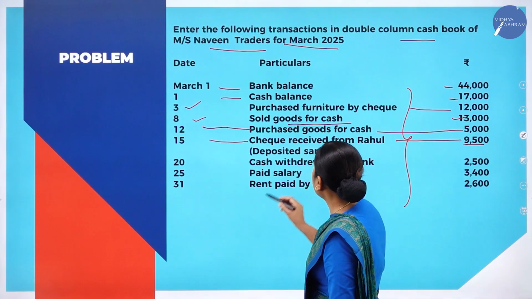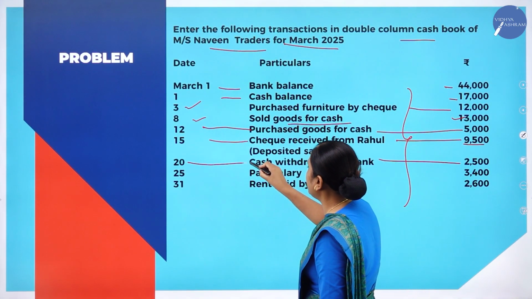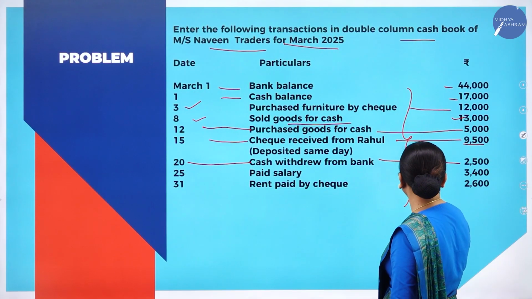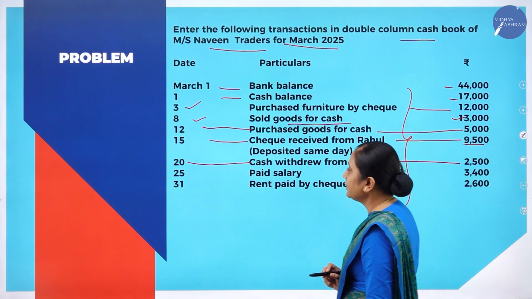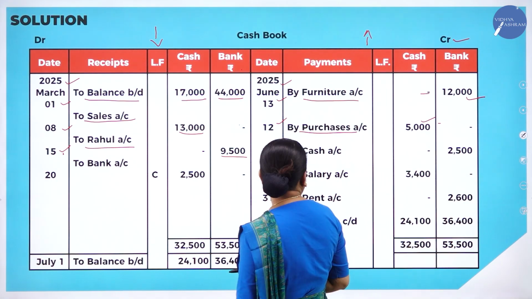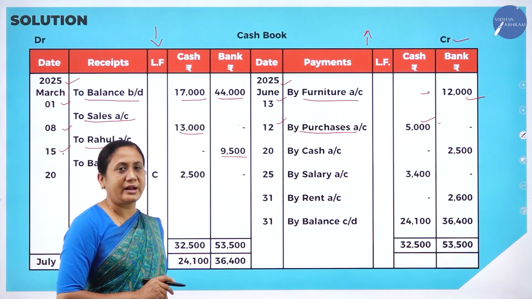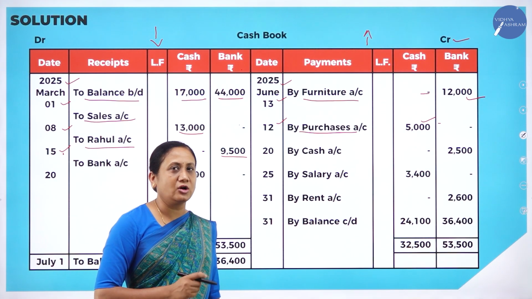Next, cash withdrew from bank 2,500, 20th. Cash withdrew from bank 2,500. See here, it is a contra entry. We have already learned what a contra entry is.